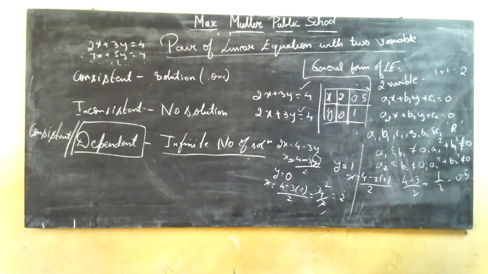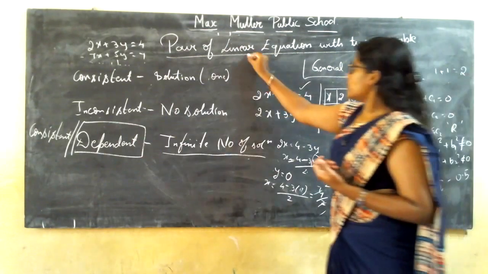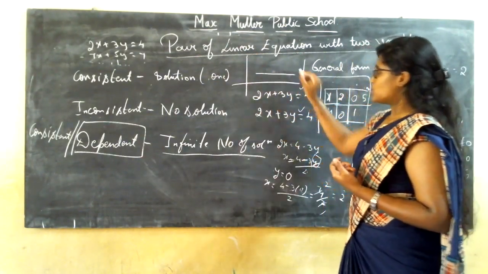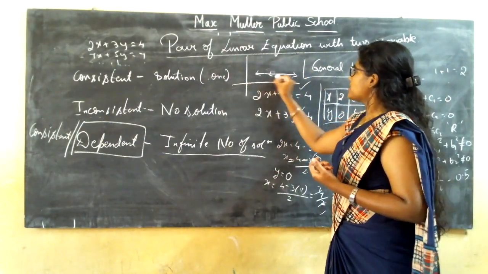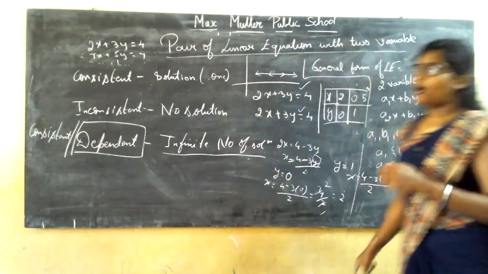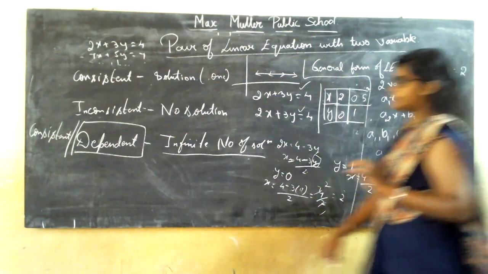If y is equal to 1, then x will be 0.5. If you plot it on the graph, you get a straight line. Correct? So both lines are represented by a single line. Only then can you say it is dependent, or else you cannot say it is a dependent line. Did you understand?